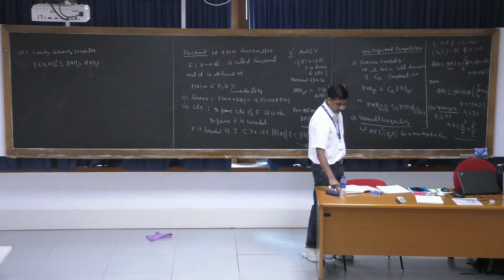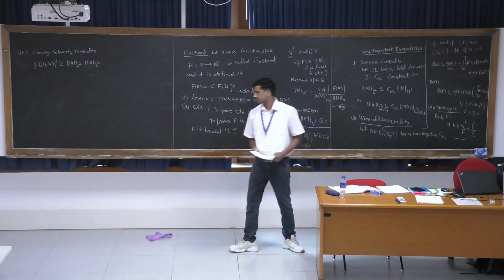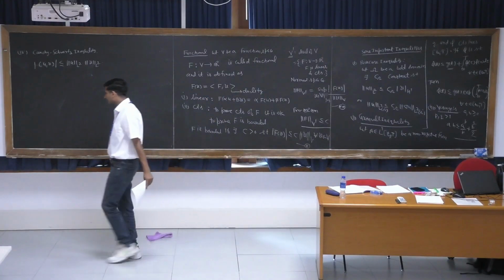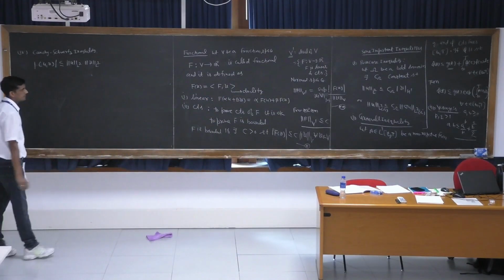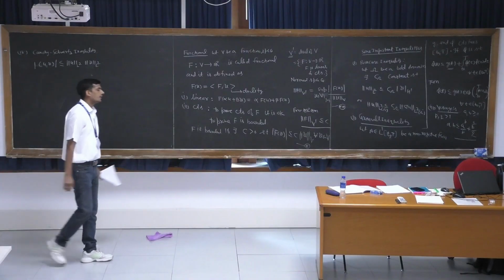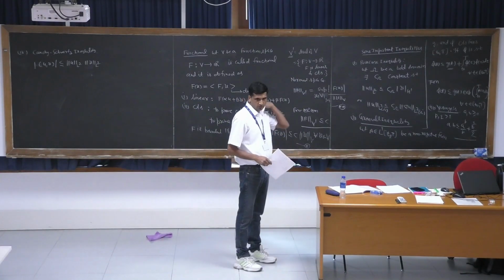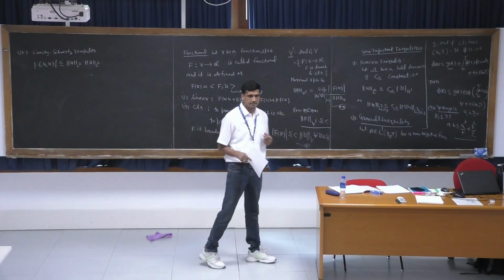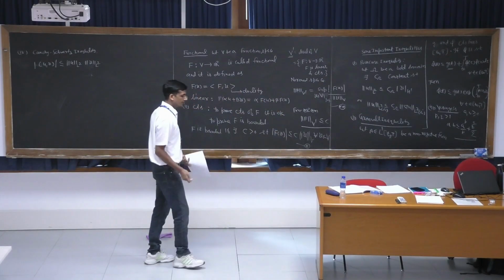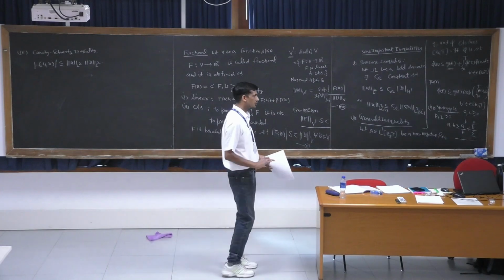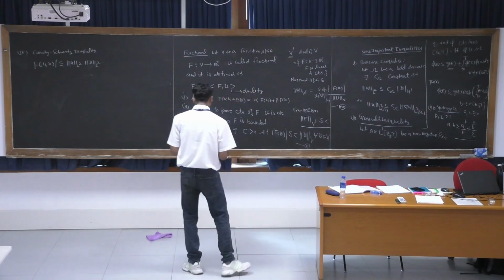So now the most important thing for the finite element method is the Sobolev spaces. Till now we have given a brief idea about the basics of functional analysis, the elements which are used for the finite element theory.